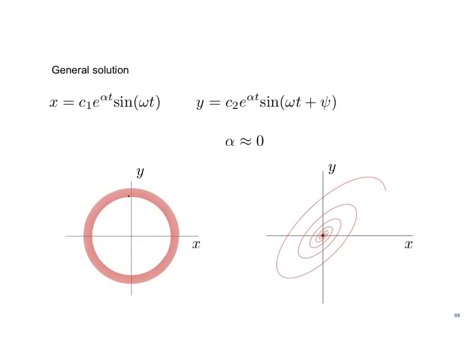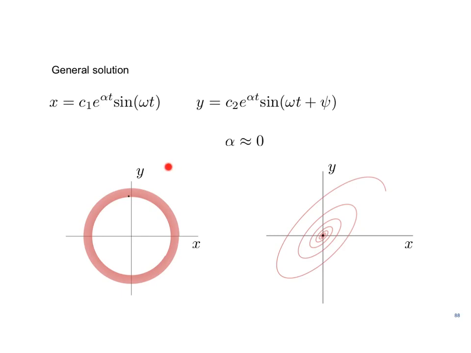Okay, this is like a sort of trivia game. So you have this x and y. Now in this example both are sines, but we have a phase that, let's say, we don't know, and we have an alpha that is very close to 0.